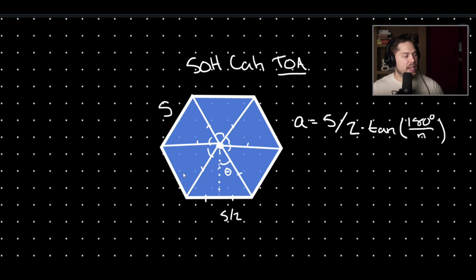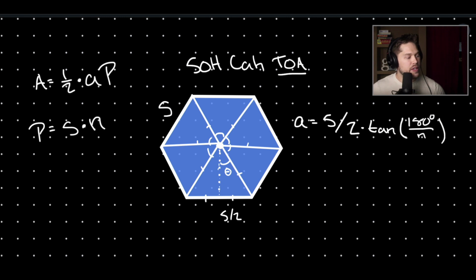So this is fantastic, but remember this is a question about the area. And we know that the area of our polygon is equal to 1/2 times our apothem times our perimeter. Again, we know that perimeter is just equal to our side length times the number of sides. So now let's put this all together.